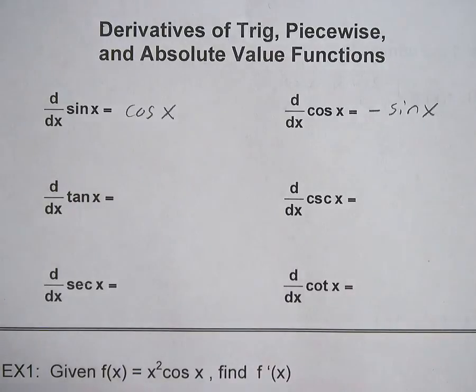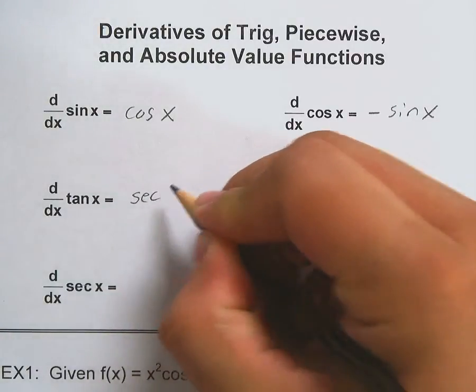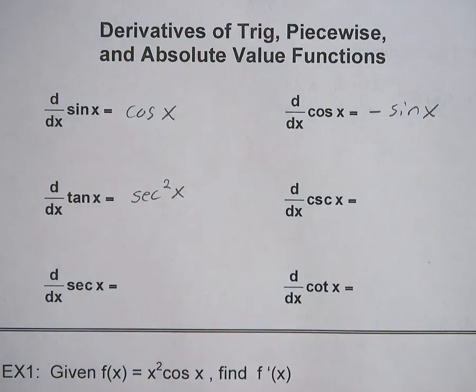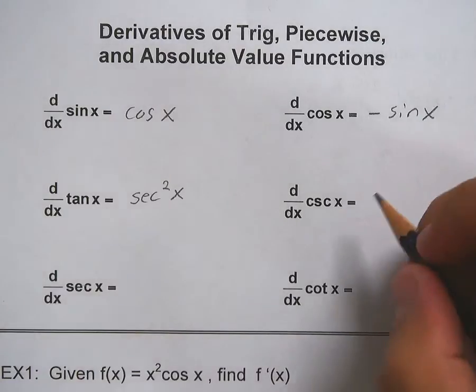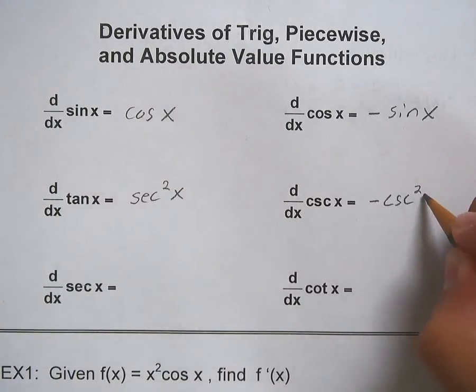So then you go to the tangent of x. The derivative of tangent x is secant squared x. Secant squared x. And again, these were found graphically. The derivative of cosecant x is negative cosecant squared x.